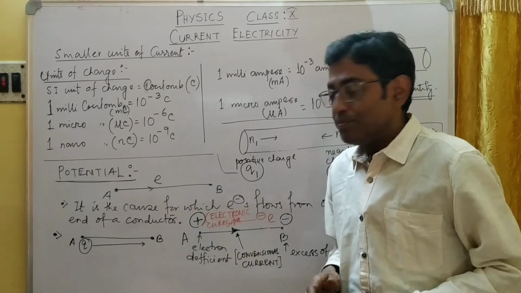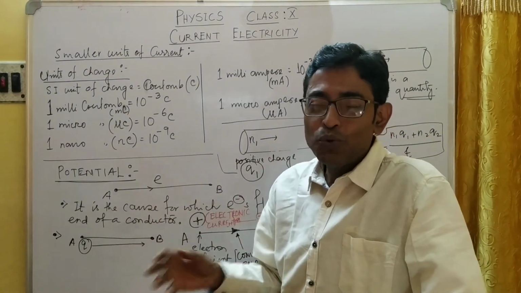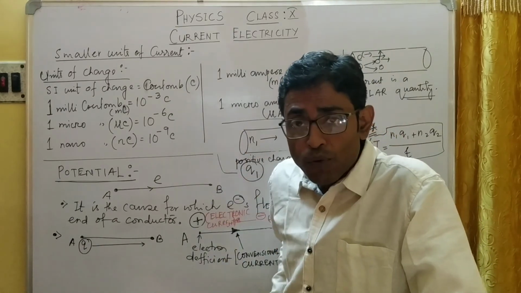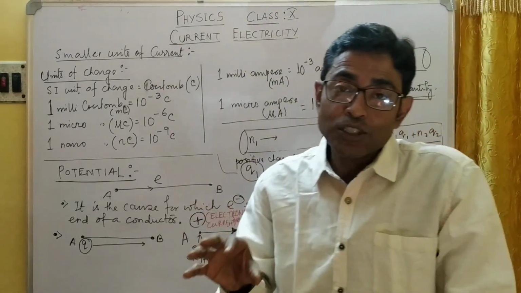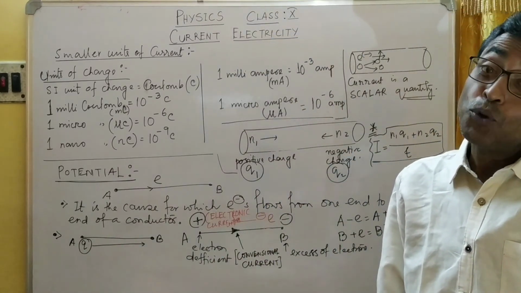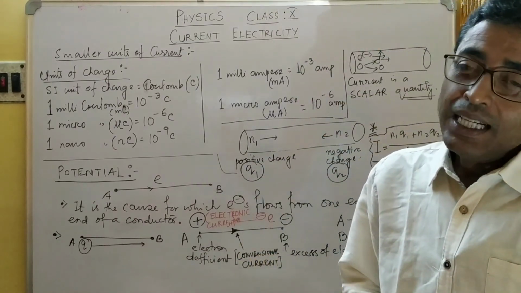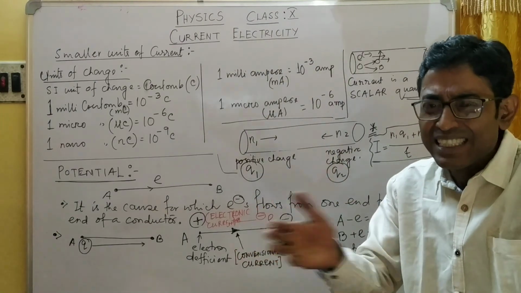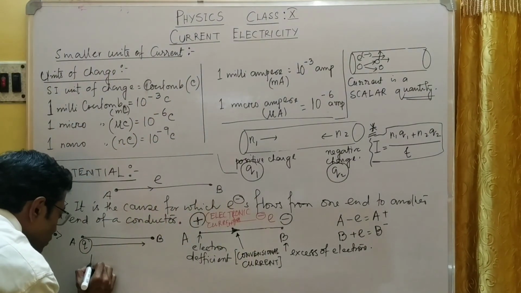Otherwise, the charge cannot move from one place to another. So the amount of work that has to be done in order to move a charge from one end to another end of a conductor is called the potential. Remember another definition of potential.